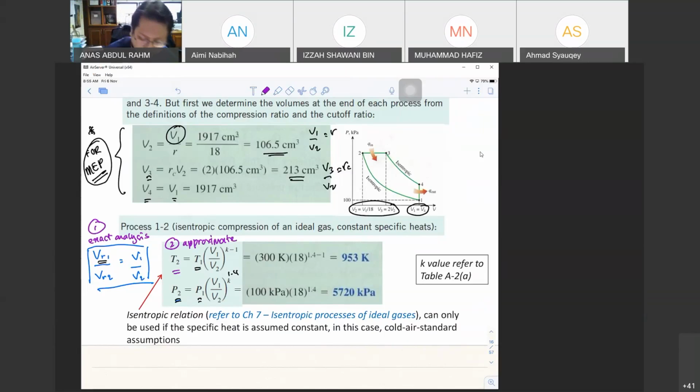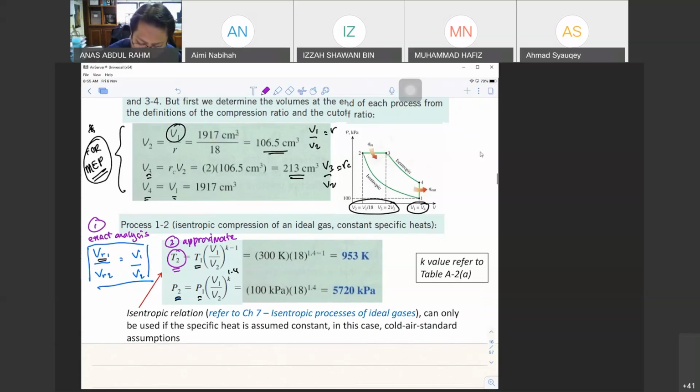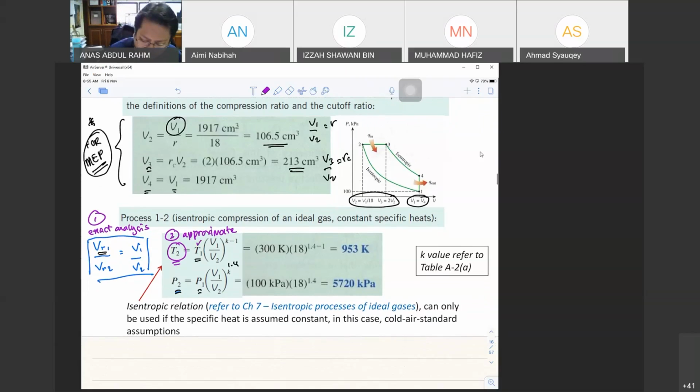Because approximate is very, very quick. For example, we want to get T2. If we use the equations given for approximate analysis, we know T1, we know V1 divided by V2 is R, and we know K over here is 1.4. So if you just substitute this, you can get your answer to be 953 Kelvin. What happens if you use the exact analysis?